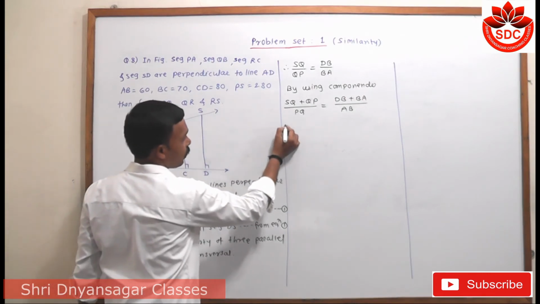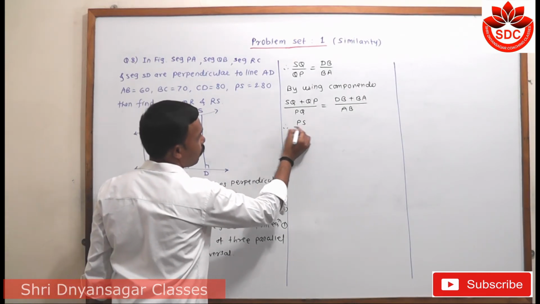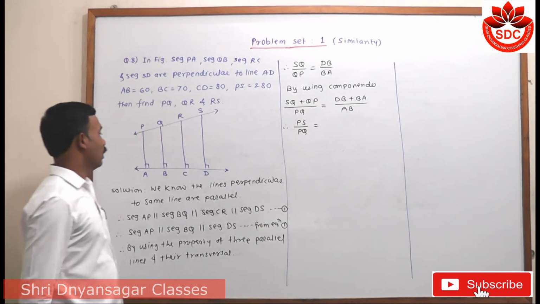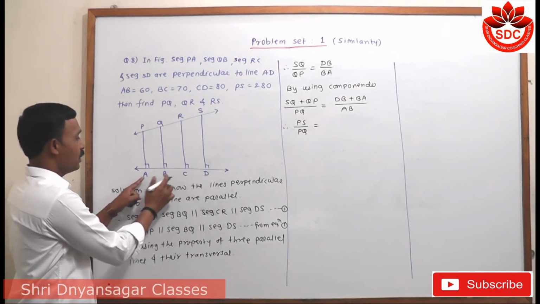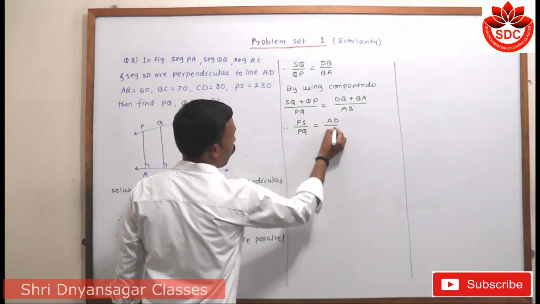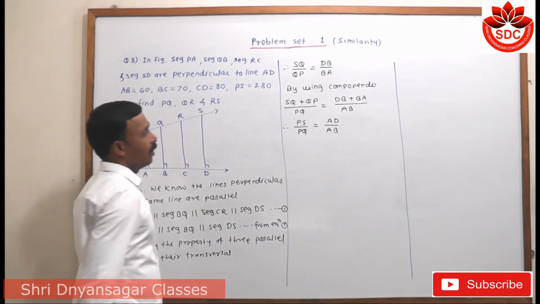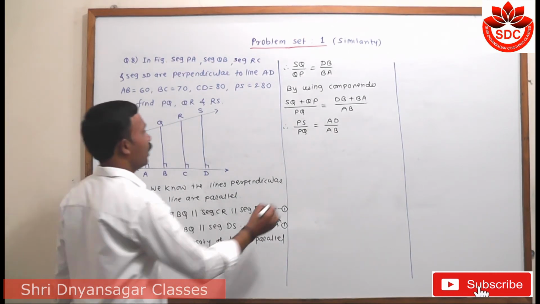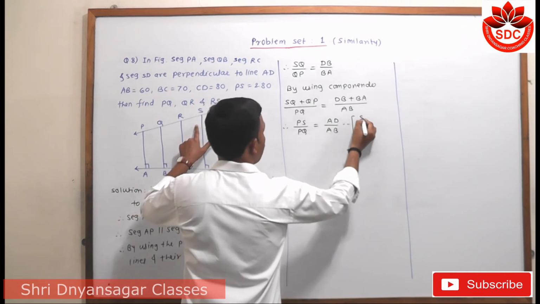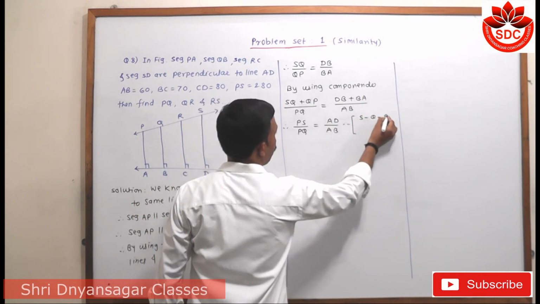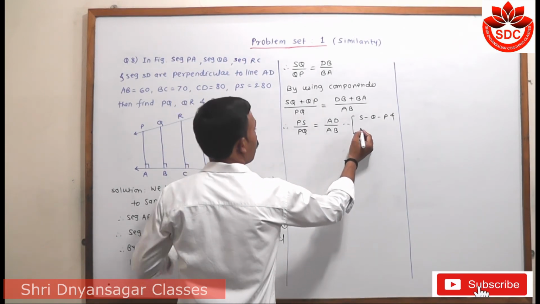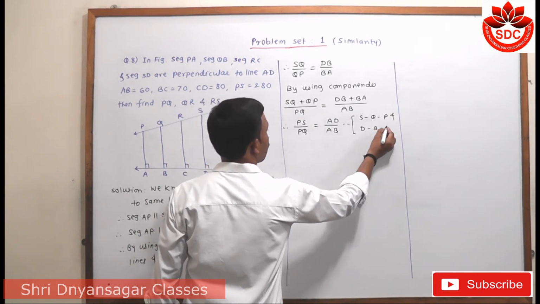So I substitute the value: PS upon PQ is equal to DB plus BA, which becomes AD, upon AB. Here is the reason we also take S', Q', P' and for this next one D', B', A'.